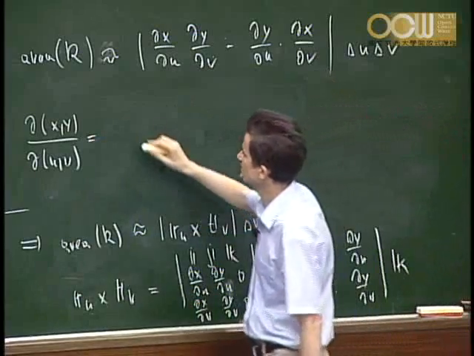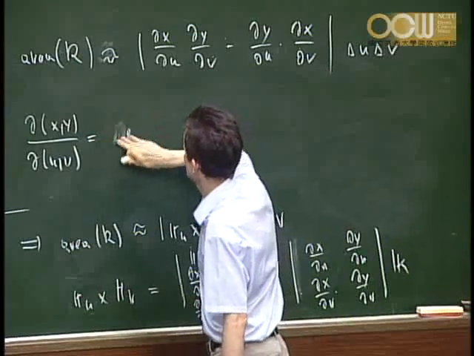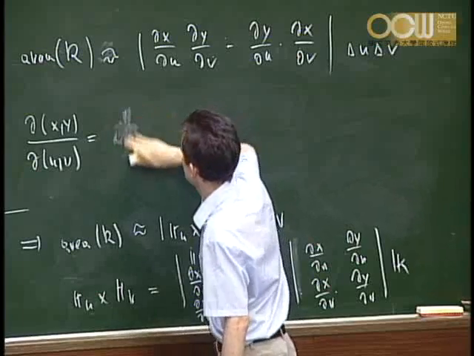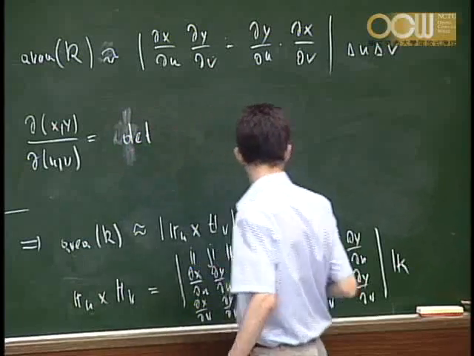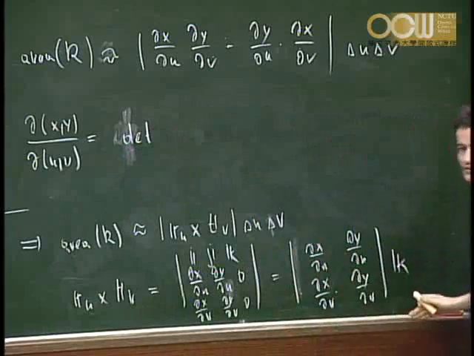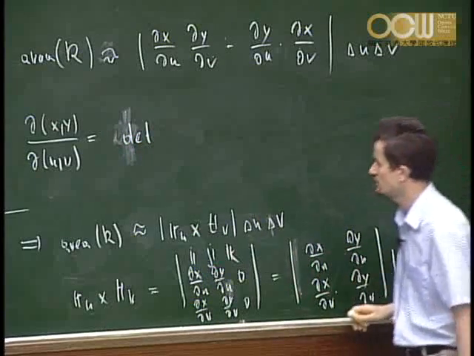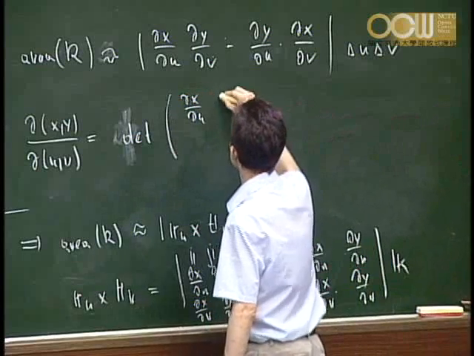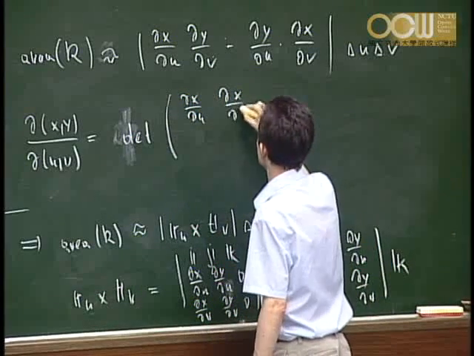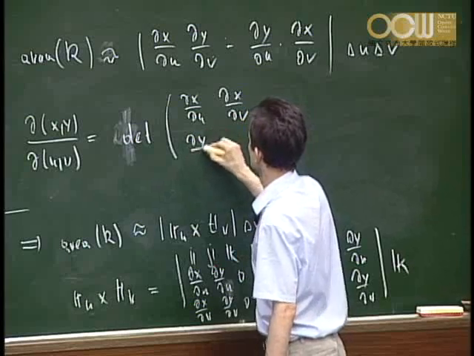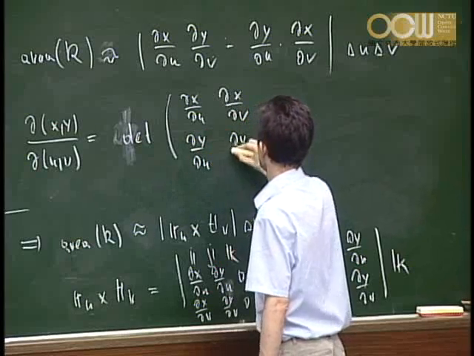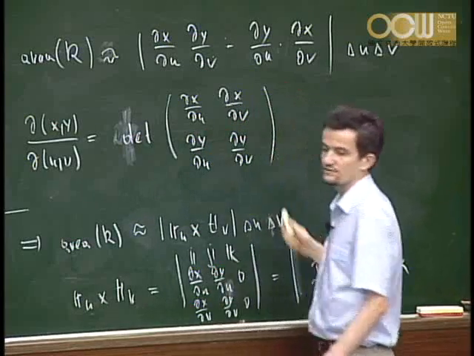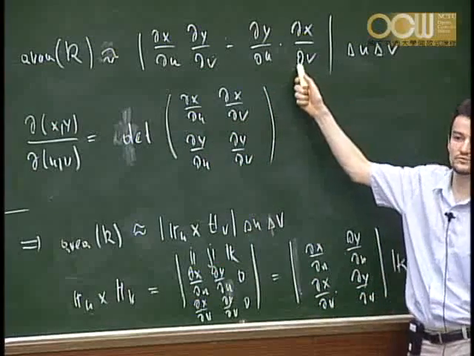Normally this is defined as the determinant. Maybe I should write determinant to make this clear: this is not a matrix, this is a determinant. So the determinant of the matrix, in our textbook it's defined like this. It looks different from this one, but because we have absolute value here, it doesn't matter.